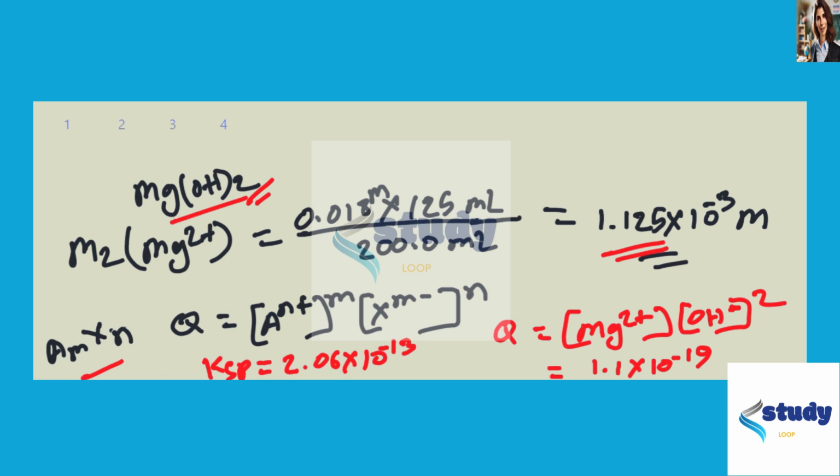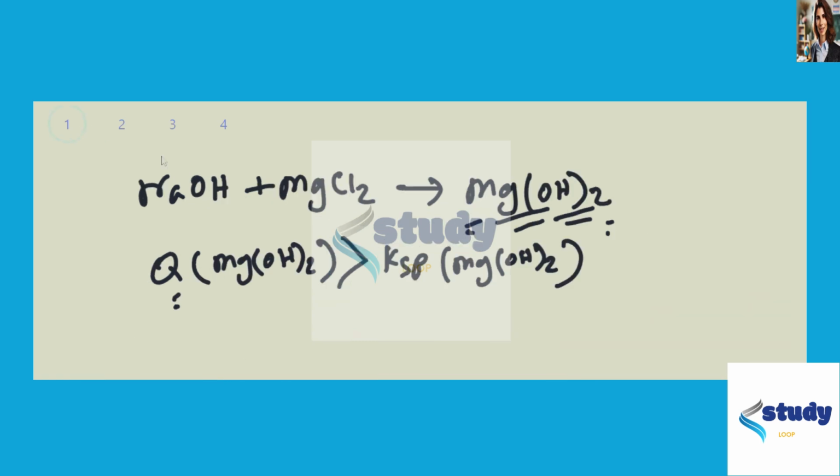So apparently the Q value for magnesium hydroxide is greater than the Ksp value, and as we have already said, if the Q value is greater than the Ksp value, that means the compound will form a precipitate. That means in this mixture, Mg(OH)2 or magnesium hydroxide will be precipitated.